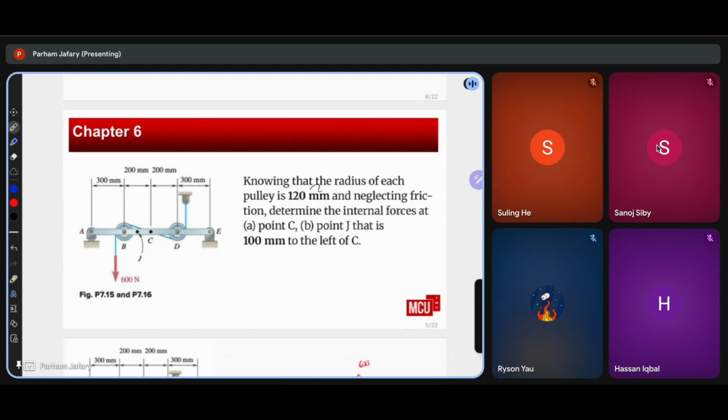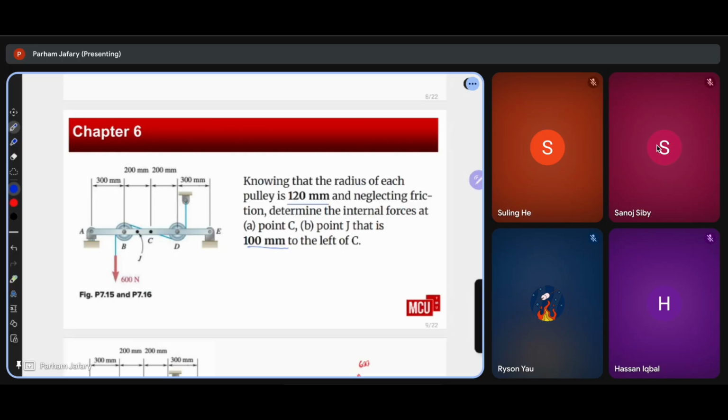So the question is saying, knowing that the radius of each pulley is 120 millimeters, and neglecting the friction, determine the internal forces at point C, and point J, that is 100 millimeters to the left of point C. So, similar to the first question, when we want to find the internal forces acting at a specific point, we make a cut section at that point.